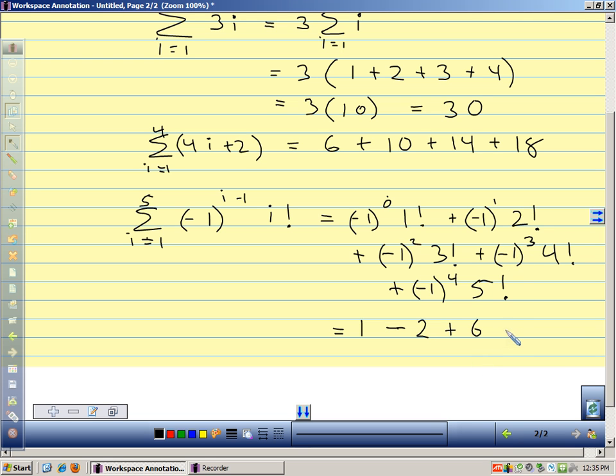Negative 1 to the 3rd is minus 1, and 4 factorial is 24. And negative 1 to the 4th is positive again, and 5 factorial is 120. So my signs alternate, add all these together, and I get 101. So I'm just adding my terms.